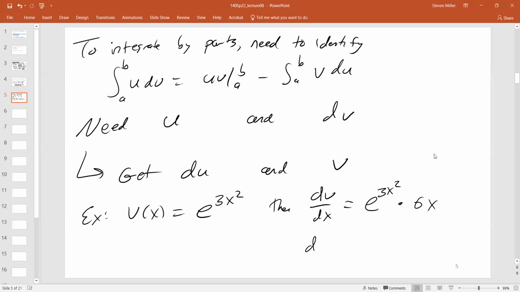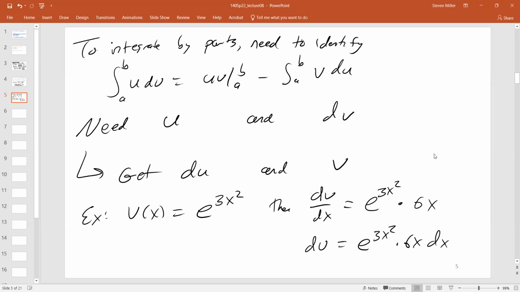So then we would get dv equals e to the 3x squared times 6x dx. So if you're comfortable just going straight to dv is e to the 3x squared times 6x dx, you can just do that. If you want to just first go dv dx is equal to this, and now I'm going to just move the dx over to the other side, you can do it that way as well.